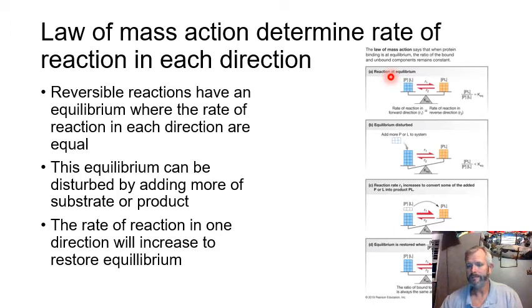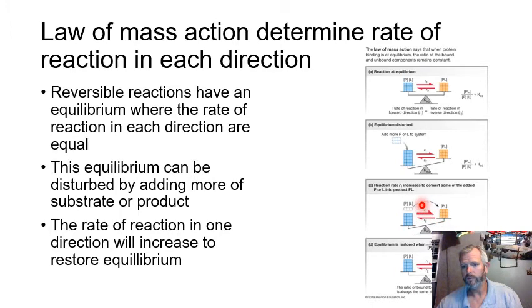How can we do that? If we convert more P with the L into PL. So how do we do that? Look at the rate of reaction. The rate of reaction converting P and L to PL is a bigger or faster rate than it goes in the opposite direction.